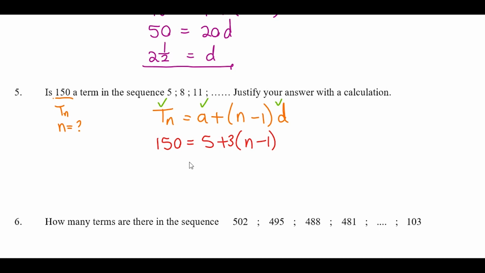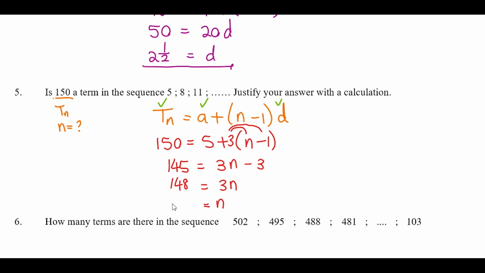And so what I'm going to get is 145. And I'm also going to multiply this 3 into the bracket. Remember, it needs to distribute and multiply by both terms inside the bracket. 3n minus 3. I'm now going to add 3 to both sides. 148 is 3n. And lastly, I'm going to divide both sides by 3.